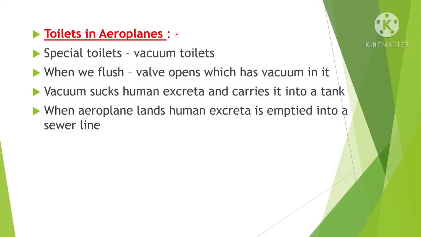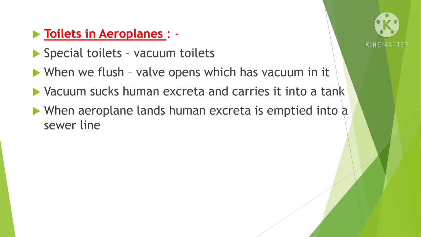Now the vacuum in the pipeline sucks the human waste from the toilet seat with a great force and makes a loud noise because it is sucking the waste with great force.